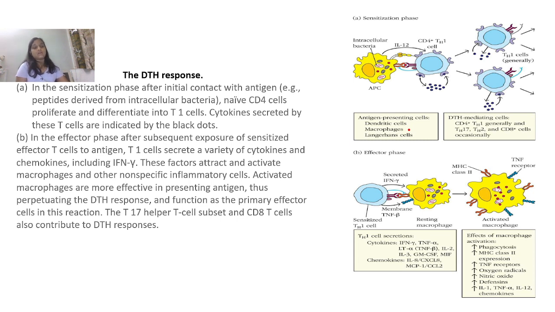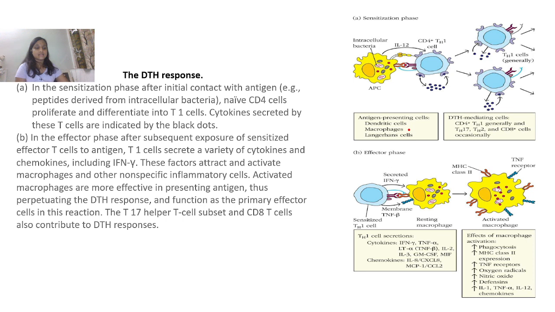But sometimes what happens if there is an infection, sometimes the innate immune response is sufficient to clear off the pathogen via this activation of neutrophils or via these macrophages. So there is no need to activate the adaptive immune response. So it depends on the type of the pathogen again.